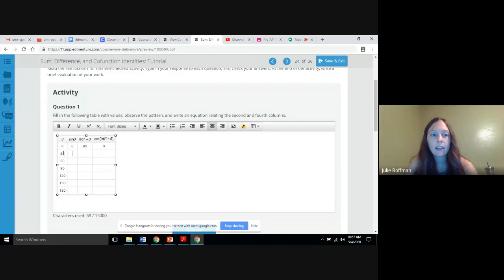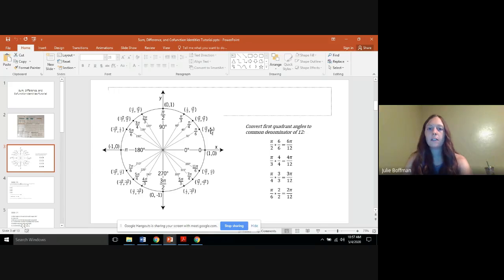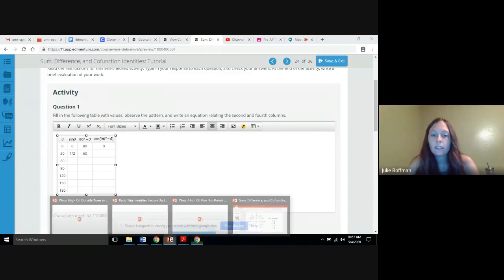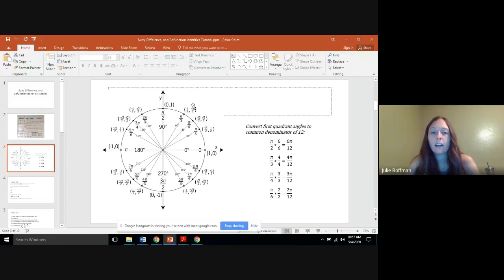And now we want sine of theta, sine of 30. So 30 degrees, the y value is 1/2. So you're going to put 1/2. Now you're going to do 90 minus theta, 90 minus 30, which is 60. And then you're going to do cosine of 60. Well, if you go to 60 degrees and get the cosine value, that is 1/2.